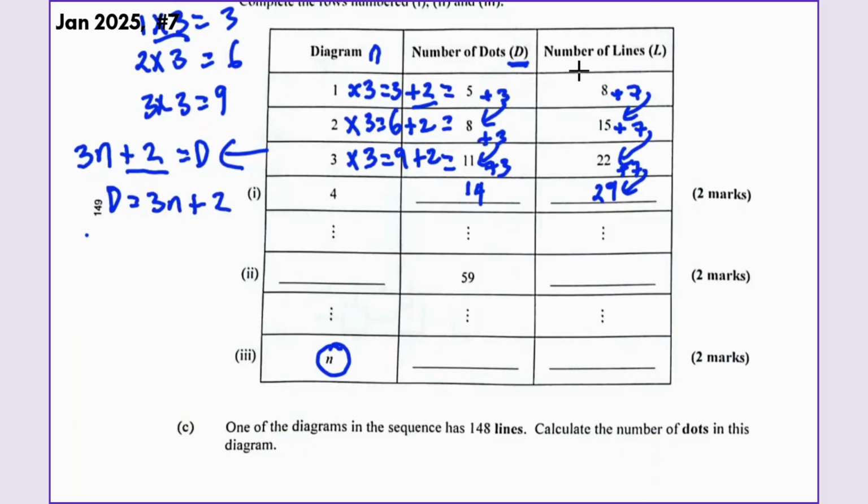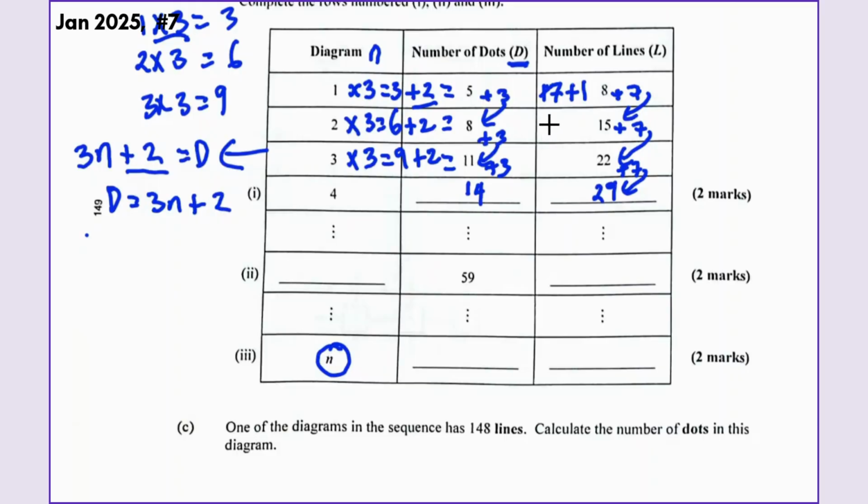Okay, so now we need to do the same thing for the number of lines. What is the relationship between the number of lines, L, and N, which again is the diagram number, right? So let's think about it. In this case here now we'll be multiplying by 7, right? 1 by 7 is 7, but this number is 8. So what do we need to add to get to 8? 1.